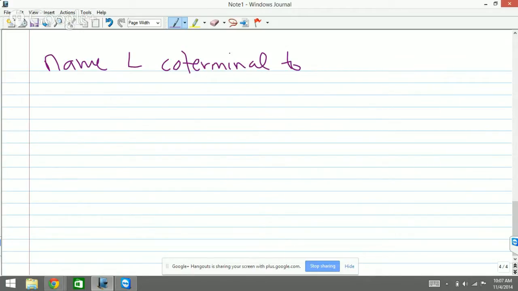Let's see if you get this. Name an angle coterminal to 135. Dylan says the formula, right?